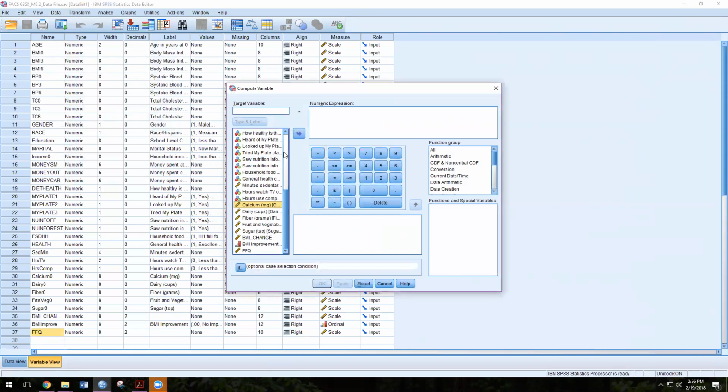So you find calcium plus dairy plus fiber plus fruits and vegetables. And remember, I can't just subtract sugar. I'm going to add it in, but I'm going to put my parentheses around it to indicate that I need to add these up before I subtract. And then for my target variable, I'm just going to type in FFQ_0 and hit OK, and it creates my variable.